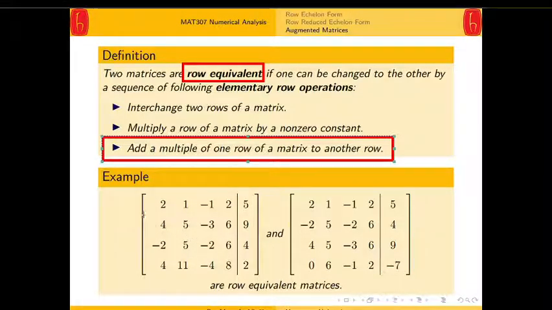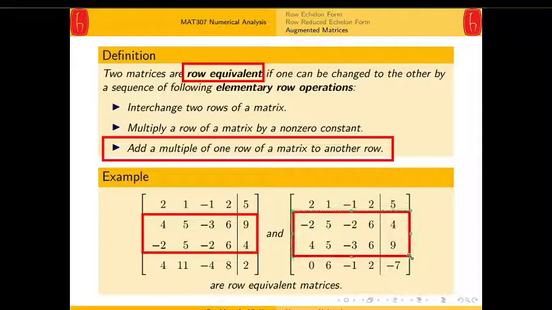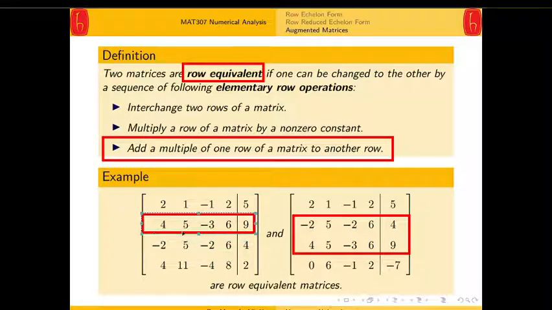We interchange rows 2 and 3, the first row is left untouched, and in the last row we subtract the second row from the last row.